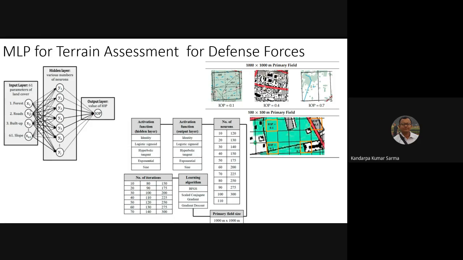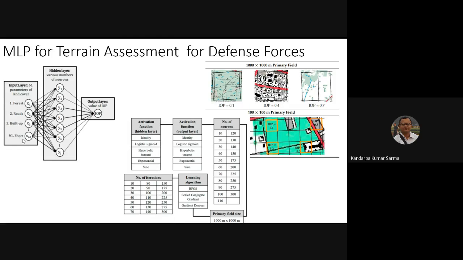So you can see that here is one such network structure which reads values of forests, road, built-up locations, slopes, and all that. They took a total of 61 pattern types, and those values were taken from satellite data.